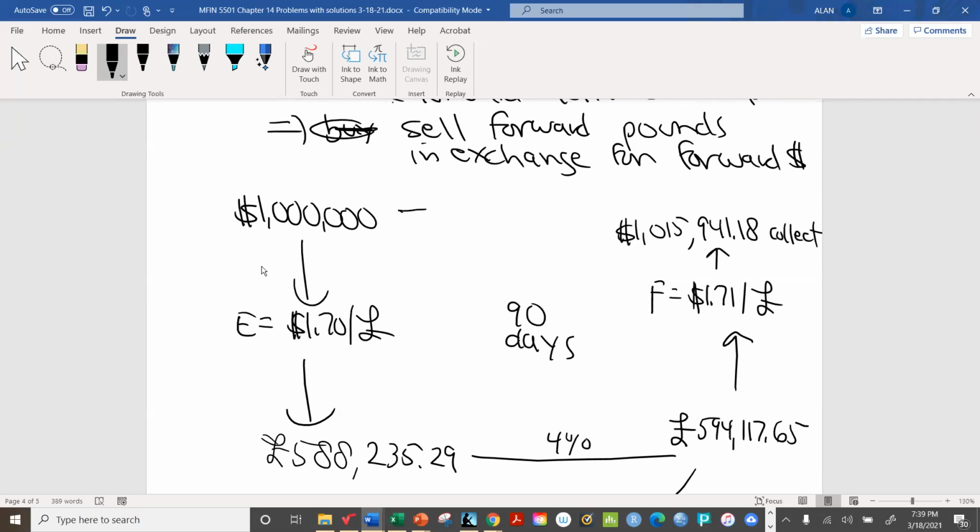But here, when we pay back the loan that we presumably took to get this money, where we paid 2% in the euro dollar market, because this is only 90 days, we're basically paying 0.5% worth of interest, which means we're repaying $1,005,000.